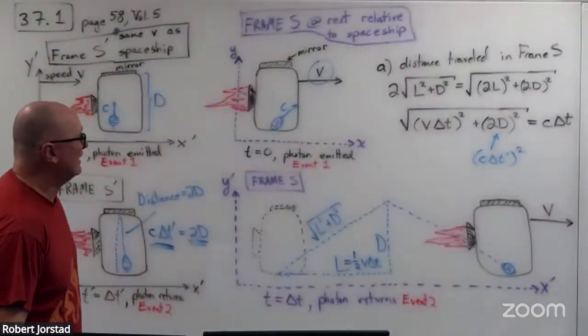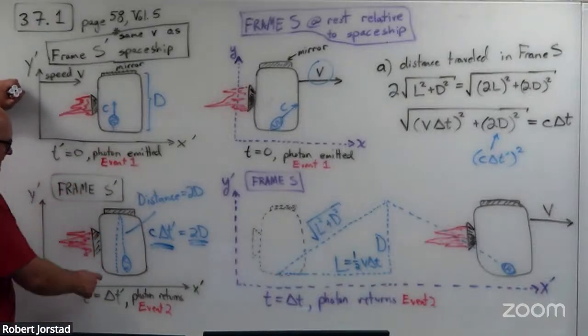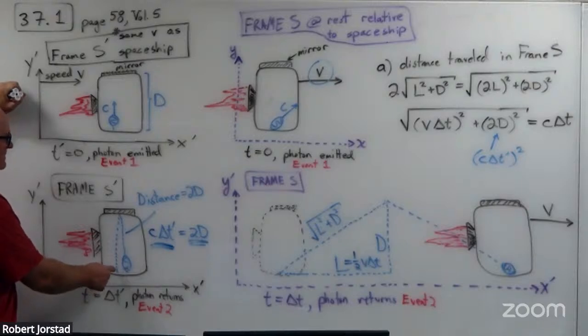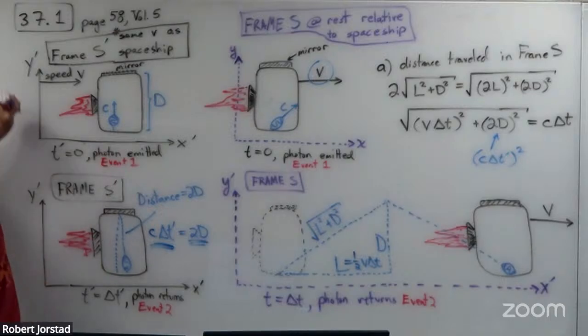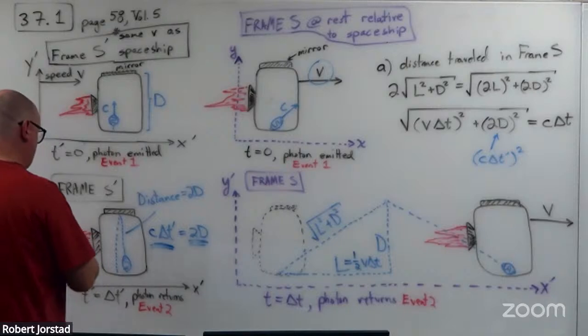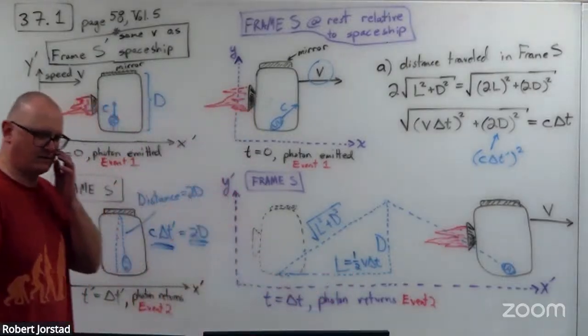Okay, so in this case, the photon leaving and the photon returning were measured at the same point in space. That means this is measuring the proper time. So delta T prime should be the proper time. Review the last video if you don't remember that.